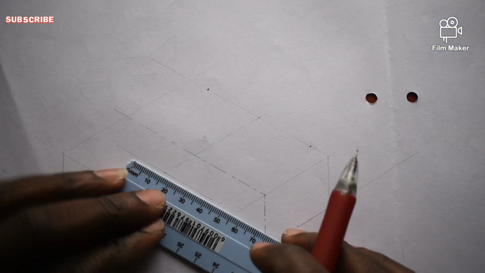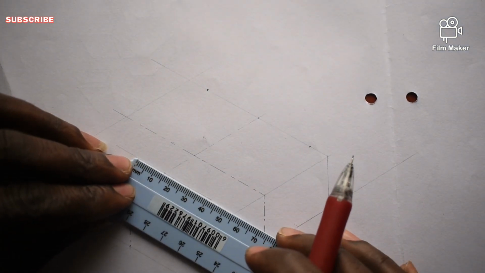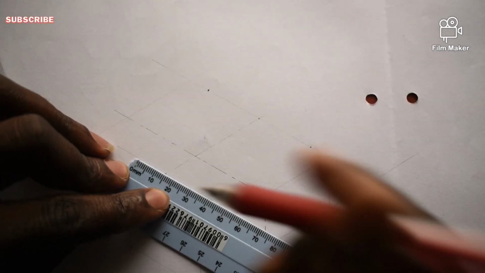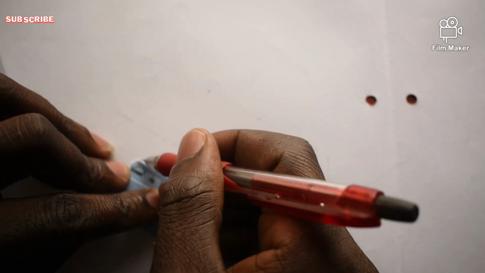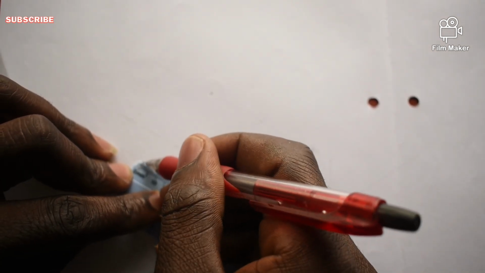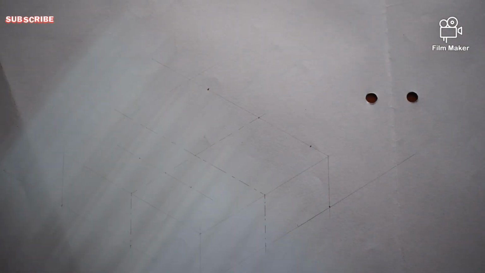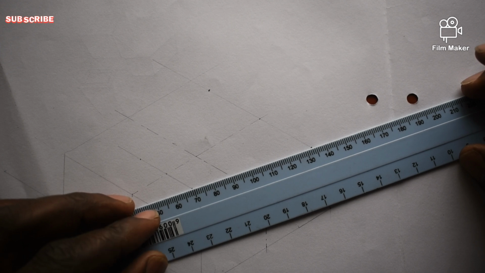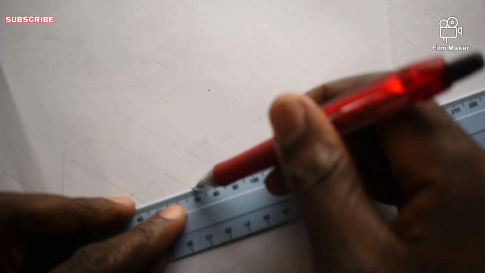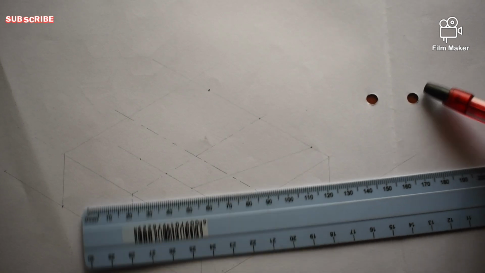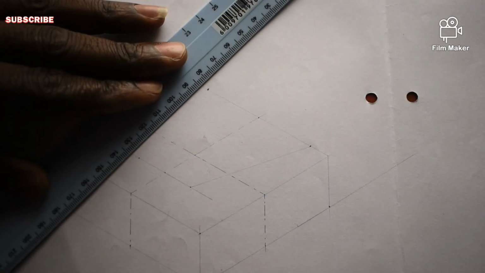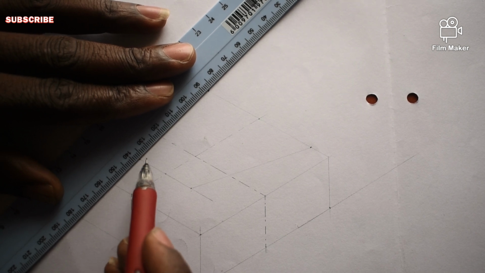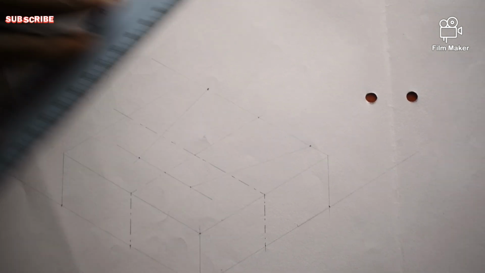So I can simply put it at 15, this other side, and mark at 30, mark at 0. So now I can join this one with this, very faint, and join this one with this.